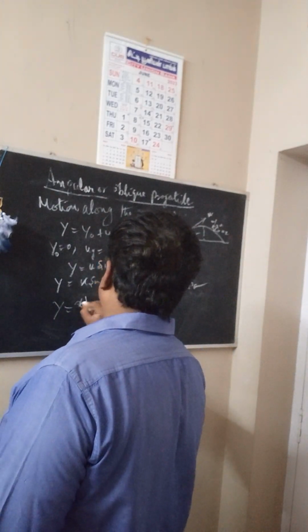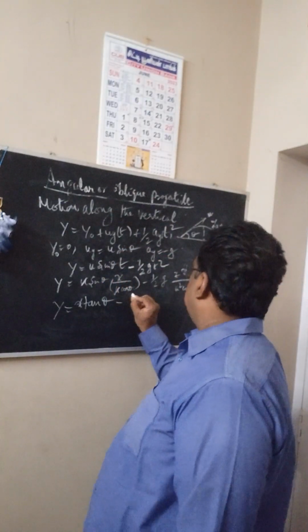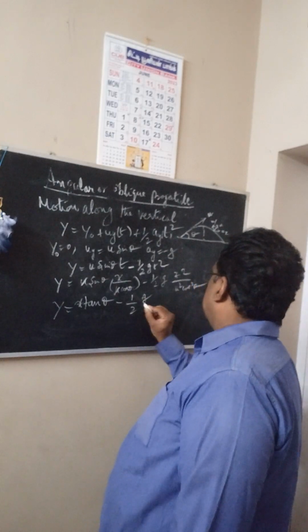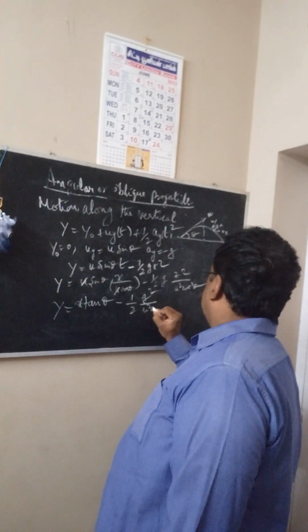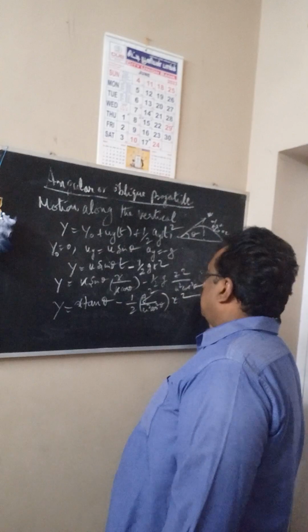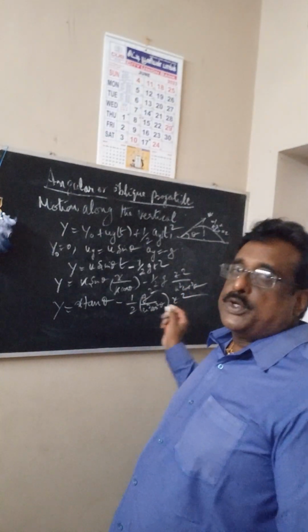So y is equal to x tan theta minus g by 2 u square cos square theta into x square. This is an equation of a parabola.